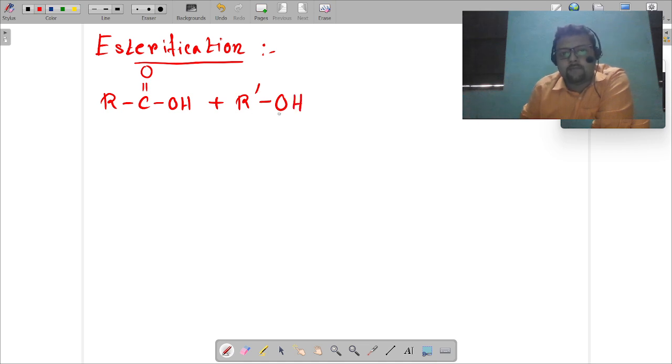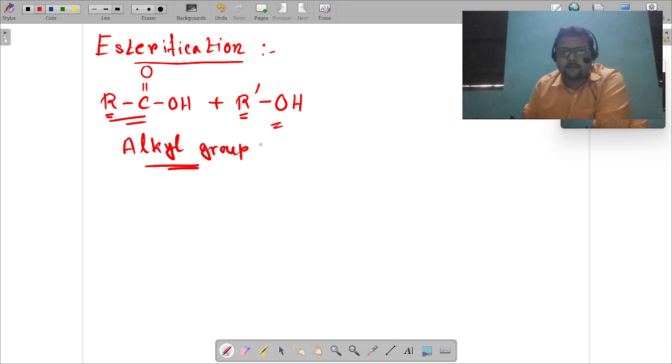R prime OH. Now this R and R prime, both of these represent an alkyl group, but the point is that the alkyl groups of these two different molecules may or may not be the same. Apart from that, we can also have aryl groups. Now what are aryl groups?